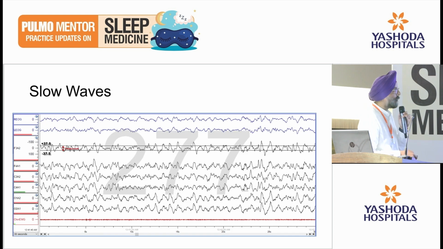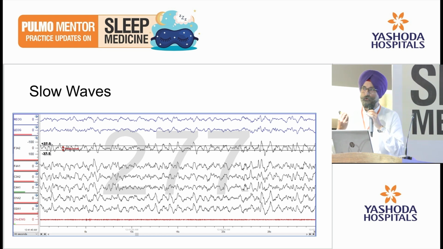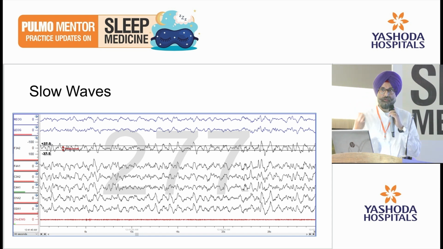The slow waves are more prominent in the frontal channel, and they have a frequency of 0.5 to 2 hertz. That is, in 1 second, you will have 0.5 to 2 waves. Another characteristic feature is that slow waves have an amplitude of more than 75 microvolts. As beginners, by looking at these waves, we don't know whether it is more than 75 microvolts or not.